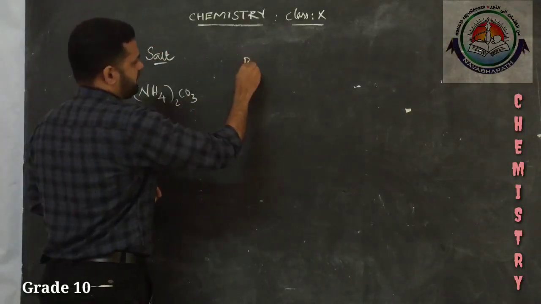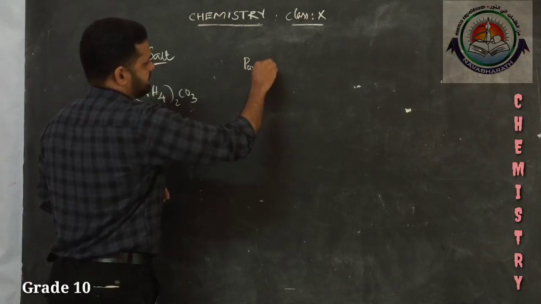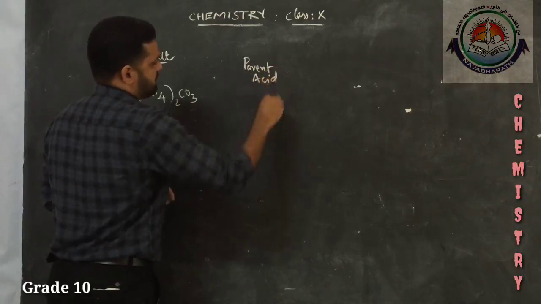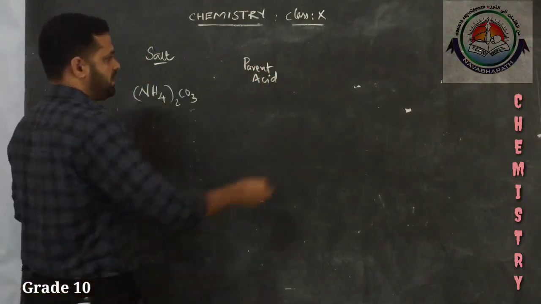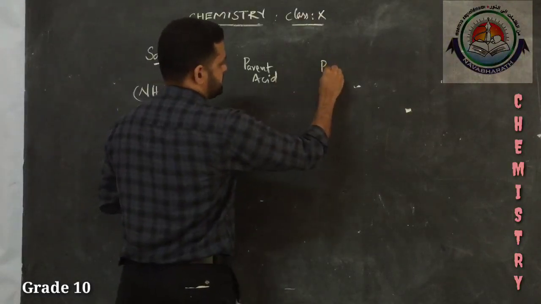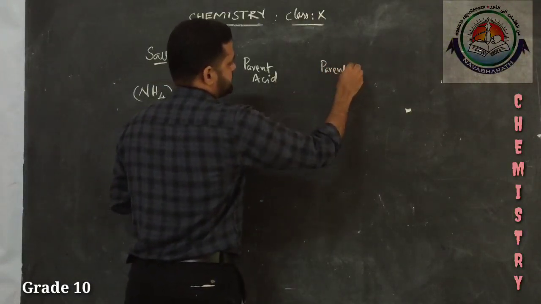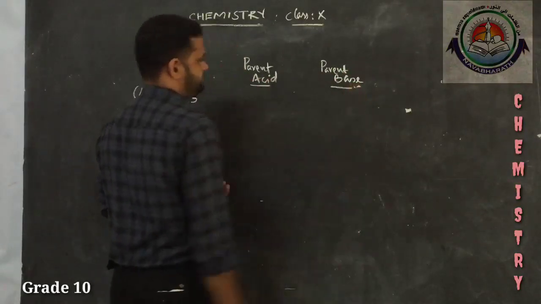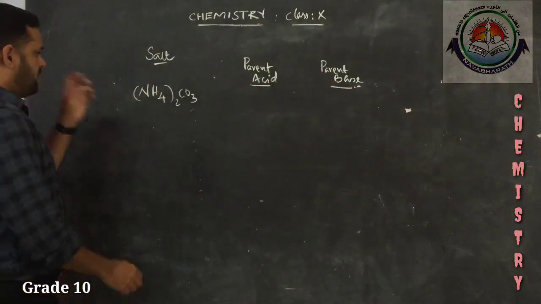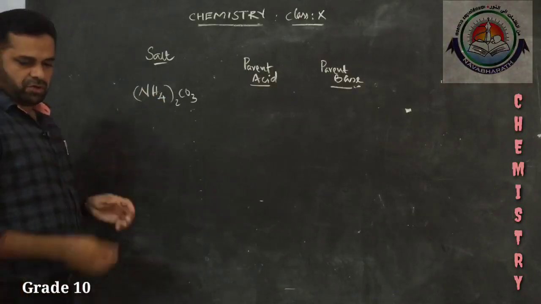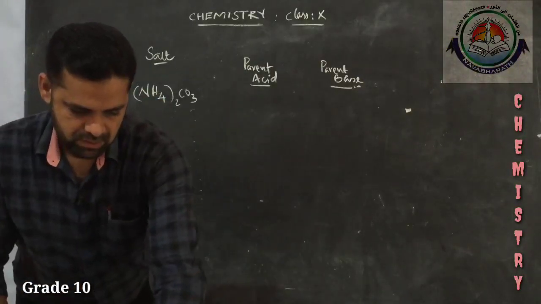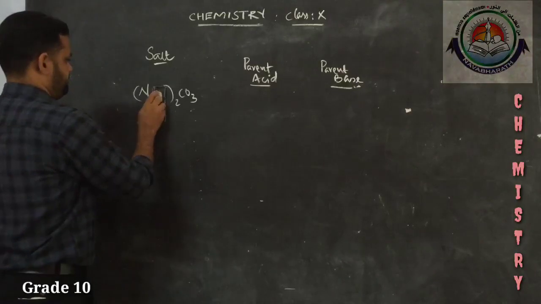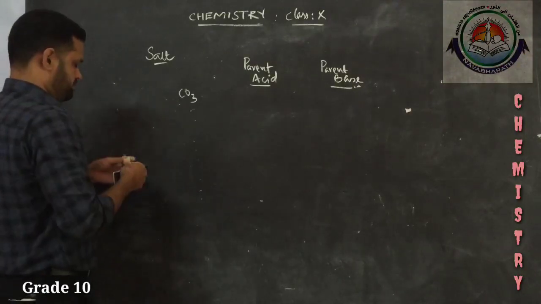and we can also write the parent acid, or from which acid it is formed, and the parent base. So ammonium carbonate, okay, just 1 minute.